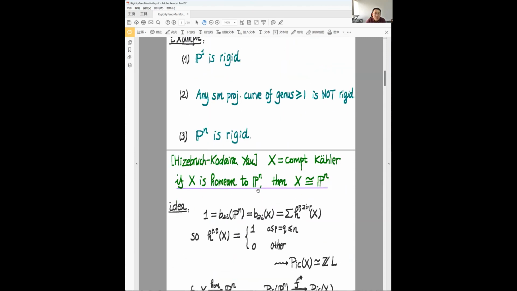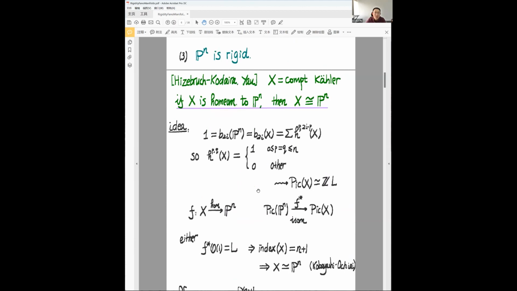For example, this follows from the work of Hirzebruch and Kodaira, and then by Yau, which says that when you have a compact Kähler manifold, if it's homeomorphic to PN, then this manifold itself is isomorphic to PN. The proof goes as follows.